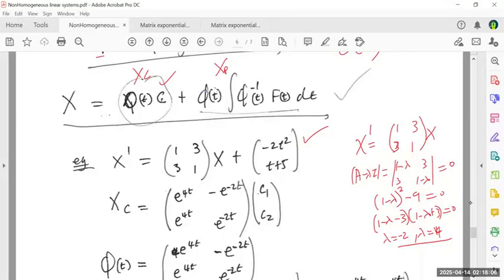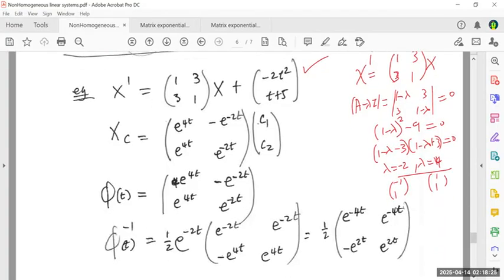You get the eigenvectors associated with lambda 4 as 1, 1, and associated with lambda minus 2 as minus 1, 1.